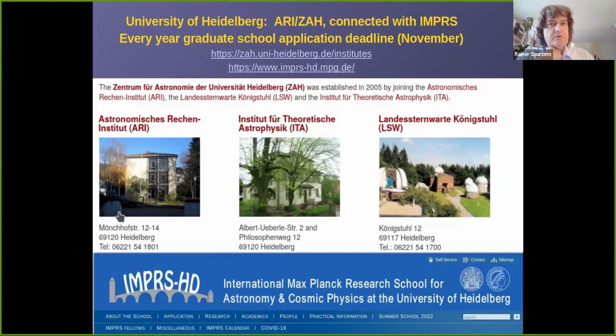And maybe most interesting if you have somebody looking for a graduate student position, there's an internationally organized graduate school with deadlines every year in November. Now it has just passed. It's called the IMPRS, the International Max Planck Research School. Every year we have a large number of applicants from all over the world, and it is jointly carried and organized by the university and the Max Planck Society.